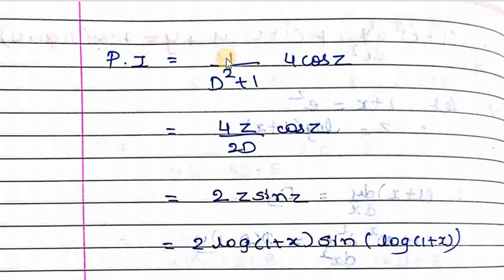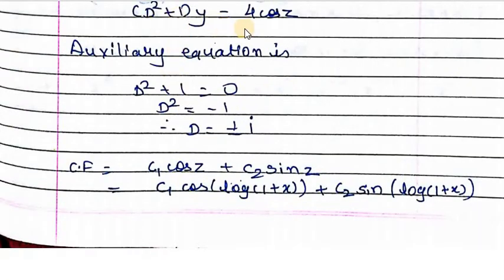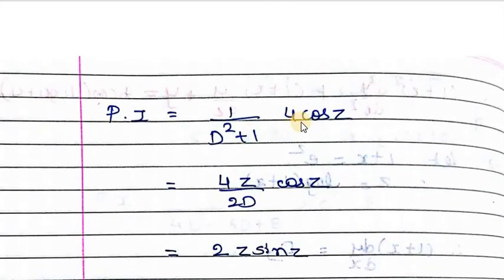Okay. Now PI is 1 over f of D R(z). f of D is D square plus 1, that is this one. And R(z) is 4 cosine of z. Now this is case number 2. This is 1. So replacing D square by minus 1, it will become 0. So what we will do, we will differentiate D square plus 1 with respect to D, so it will become 2D, and multiplying the numerator by z.